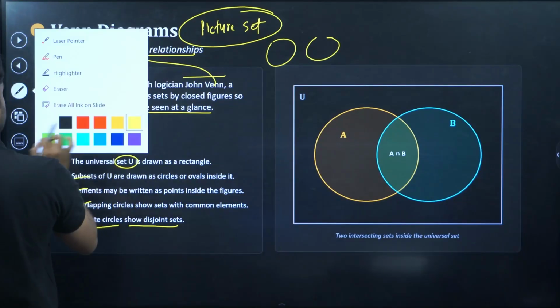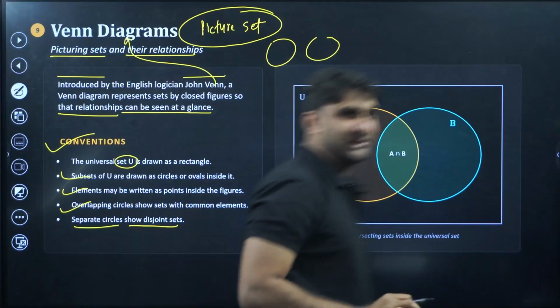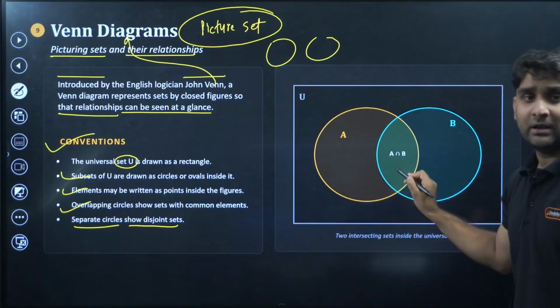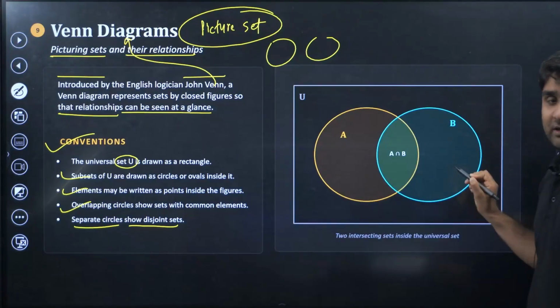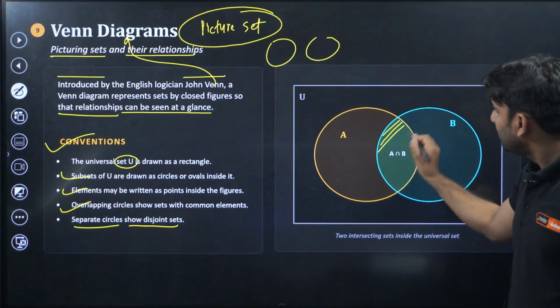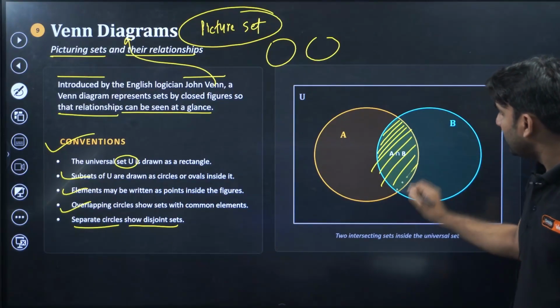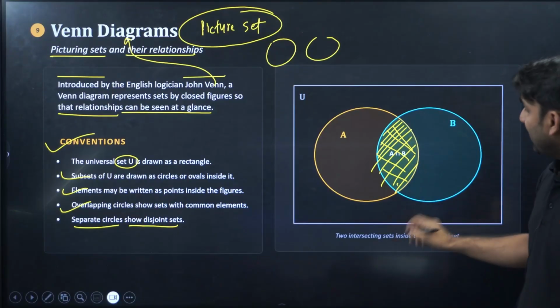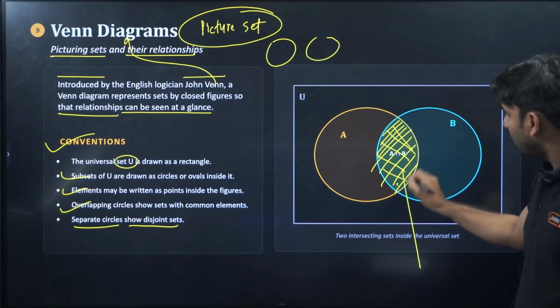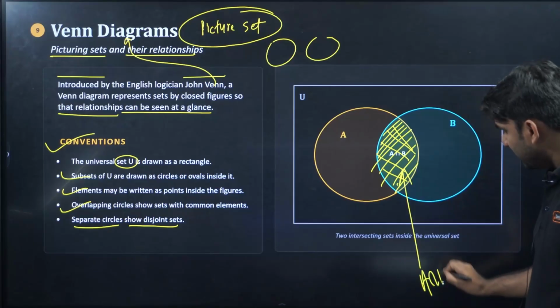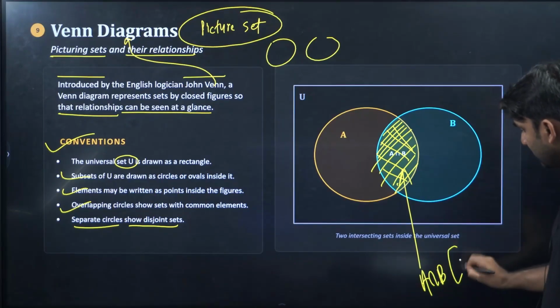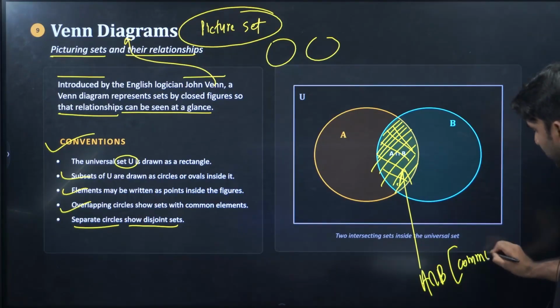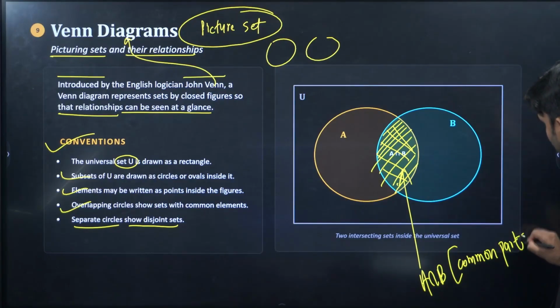Okay, so let's talk about a few important things. Guys, listen. This is set A, yellow color, and this blue part is set B. And this part, can you see here? This yellow shaded part is a part of both B and A, and that's why this is called A intersection B. Intersection means the common part, common elements of both the sets.